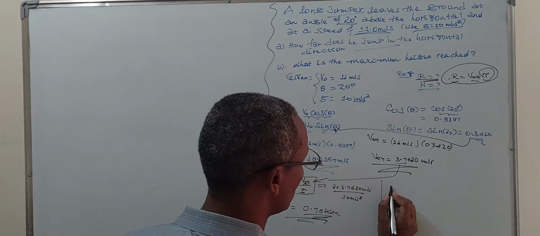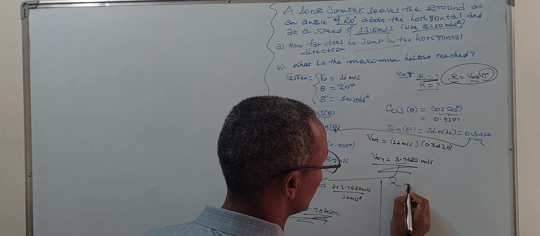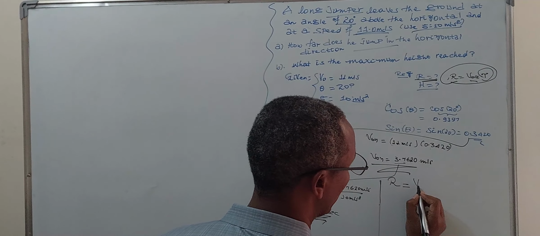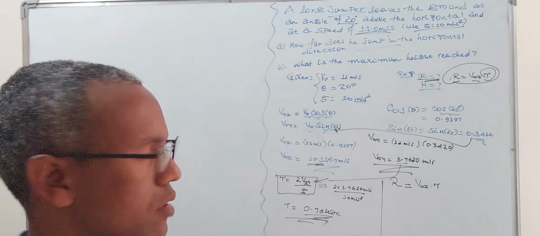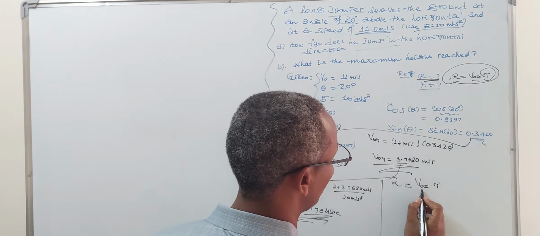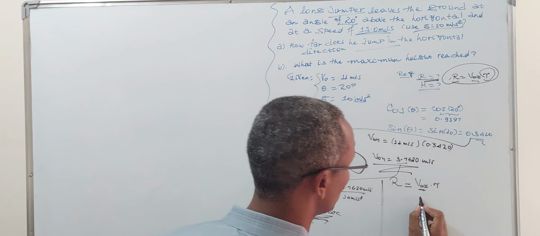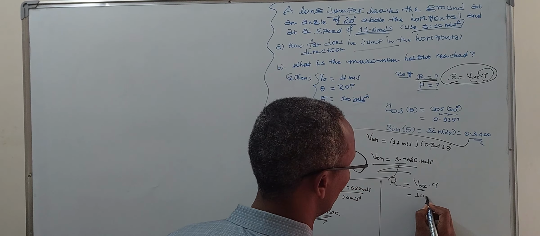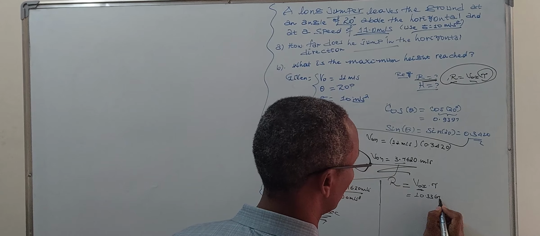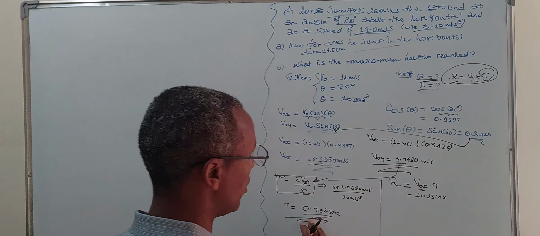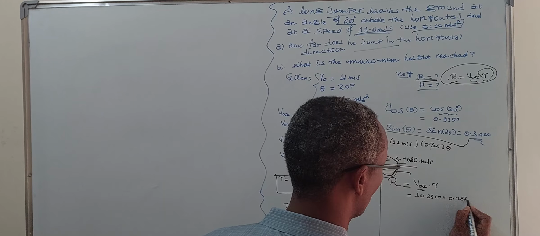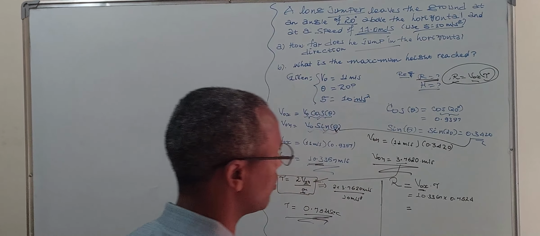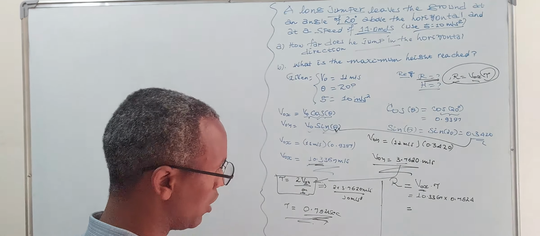The range R is equal to V sub O sub x times the total flight time, which is 10.367 times 0.752 seconds. You can calculate this by yourself, but I just wanted to put the answer over here.